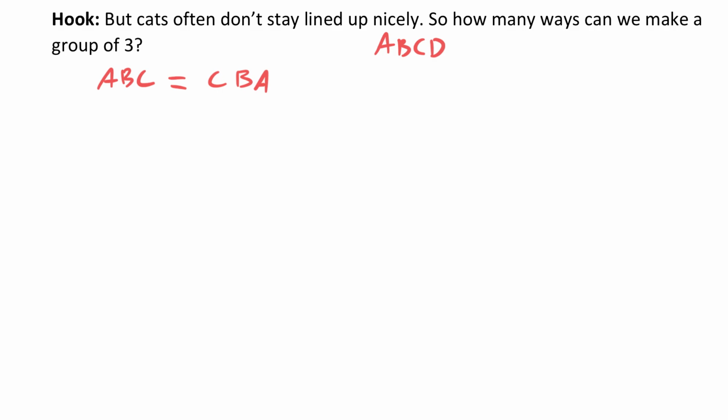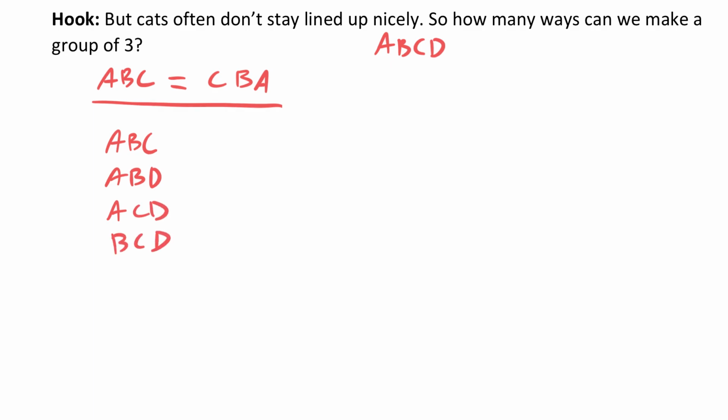Go ahead and pause the video and give it a try. All right, so we would have the following options: ABC, ABD, ACD, and BCD. And I think that's it.